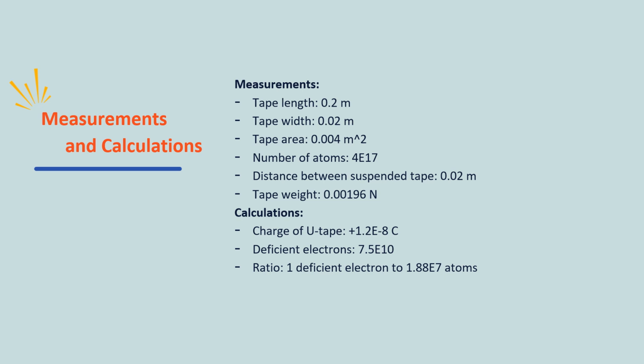And some calculations made were the charge on the U-tape based on the net force equaling 0 of the suspended bridge, and then using this charge we found the loss of electrons to create that charge, and finally we took the ratio of the loss of electrons to the total number of atoms.